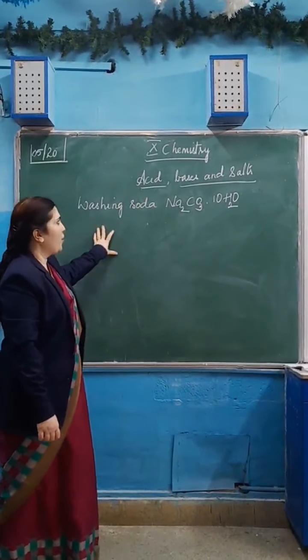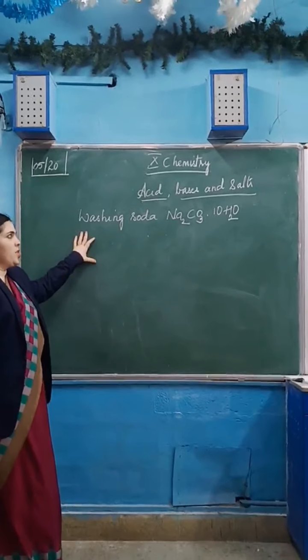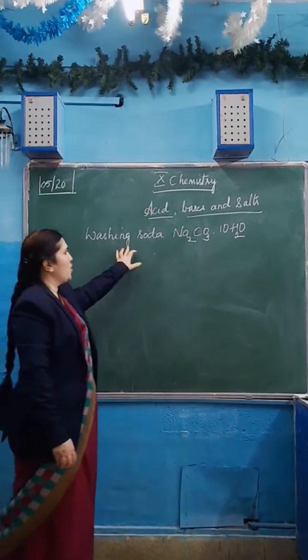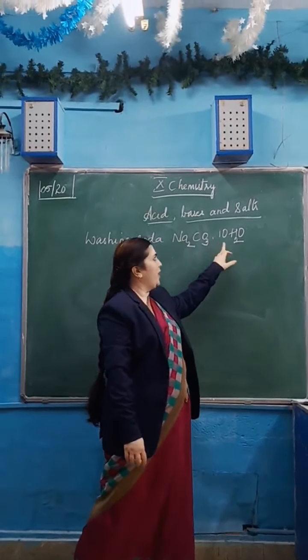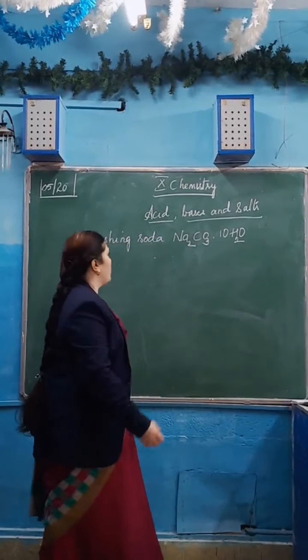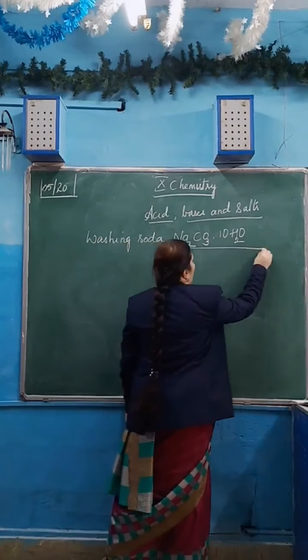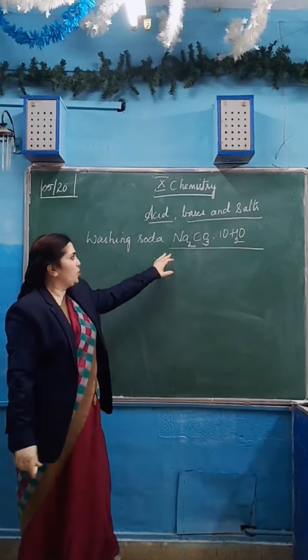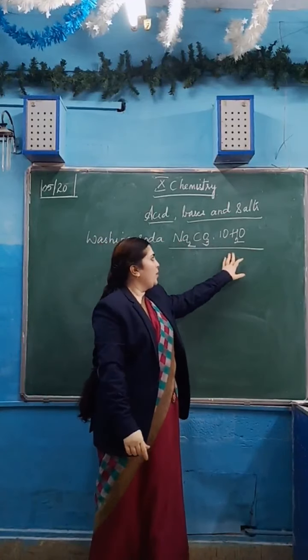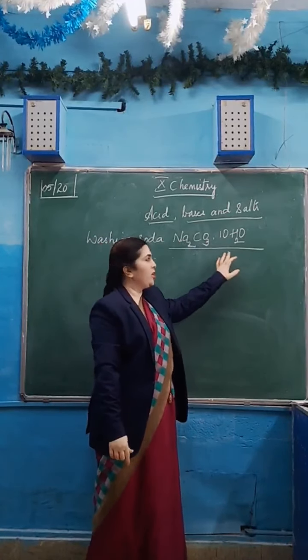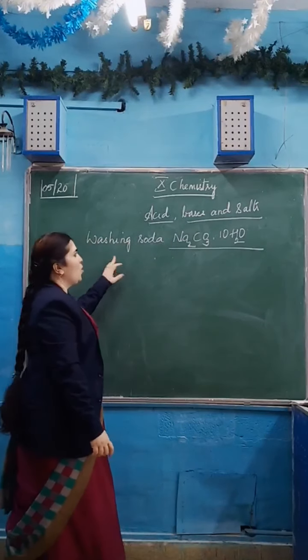The other product is washing soda. Na2CO3.10H2O, that is the formula of washing soda: Na2CO3, sodium carbonate, plus 10 molecules of water. How do you get washing soda?